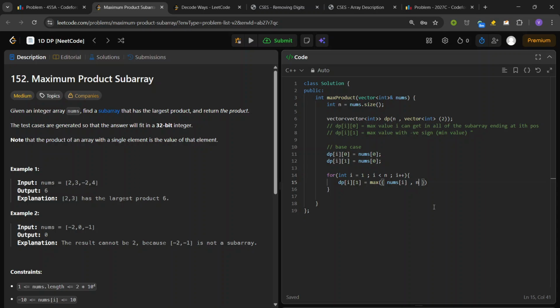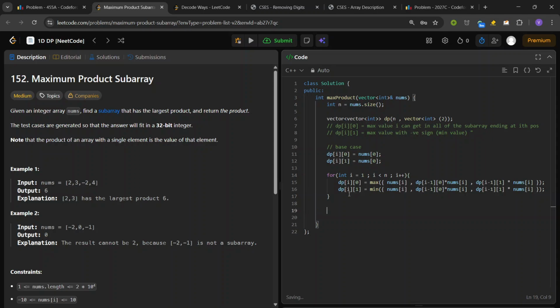Or you take the maximum of I minus 1 and multiply it with the current one, or you take the minimum possible, the maximum possible with minus sign, and multiply it with the current one. That's it. And now again the minimum one; sorry, this was I0, this is I1, and this is going to be the minimum.